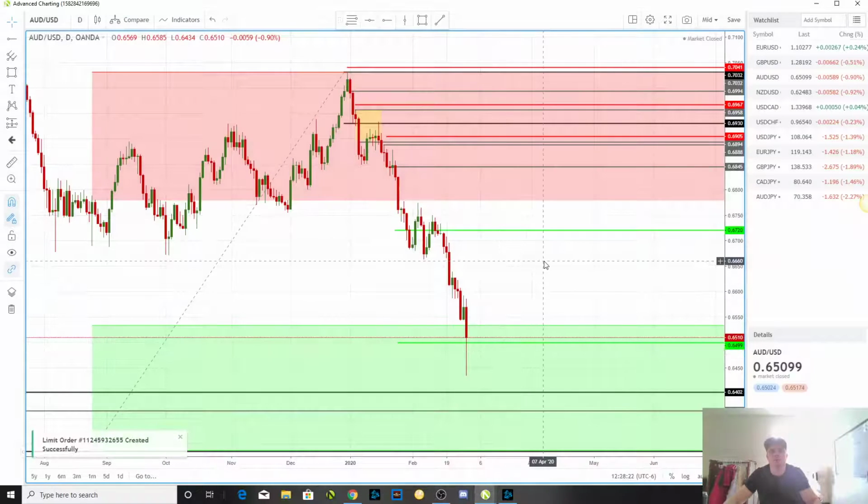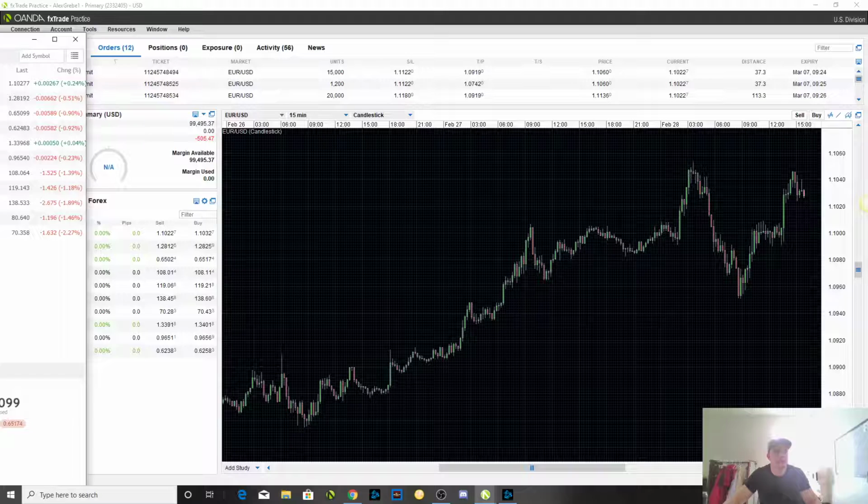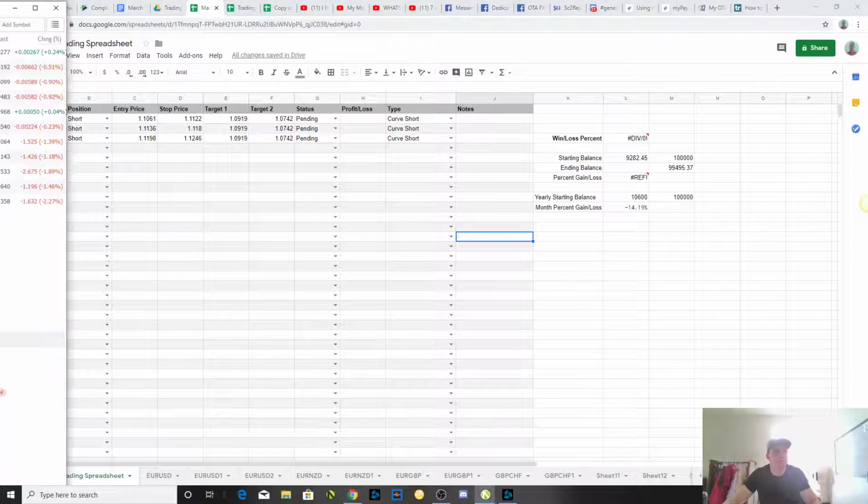Alright, so there we go. There's our Aussie dollar trades. Aussie dollar curve trades. Swap these around here.